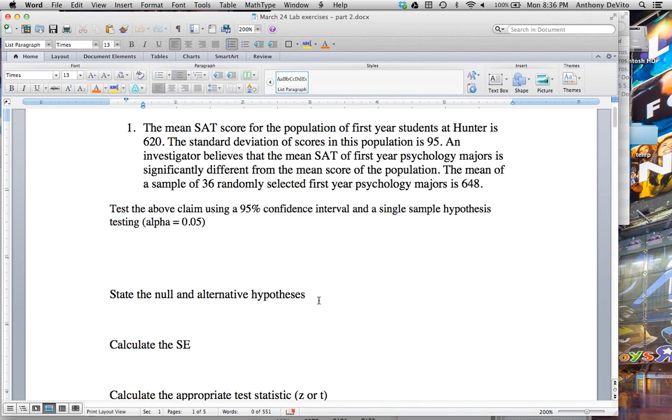An investigator believes that the SAT of first-year psychology majors is significantly different than the mean score of the population. The mean of a sample of 36 randomly selected psychology majors is 658. Okay, you guys work on finding the confidence interval for the mean SAT score for psychology majors and tell me if those two means are different.